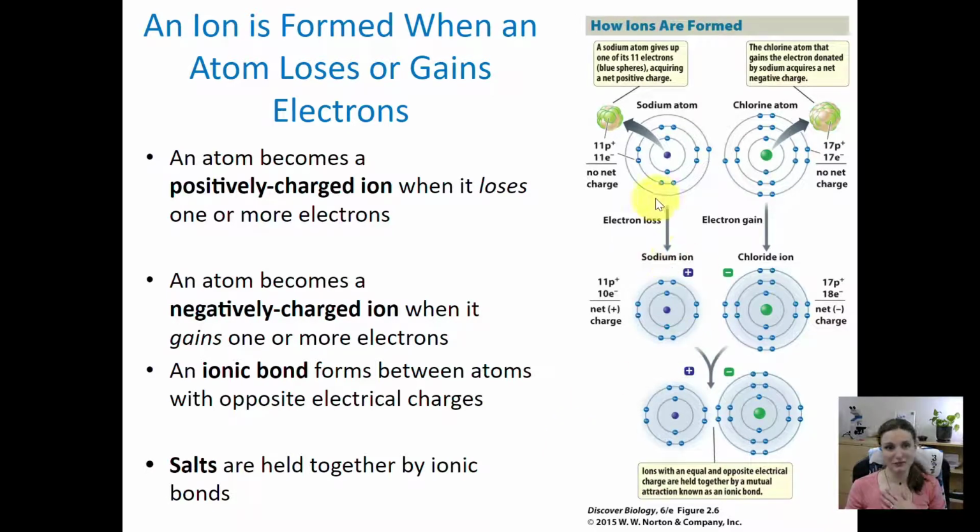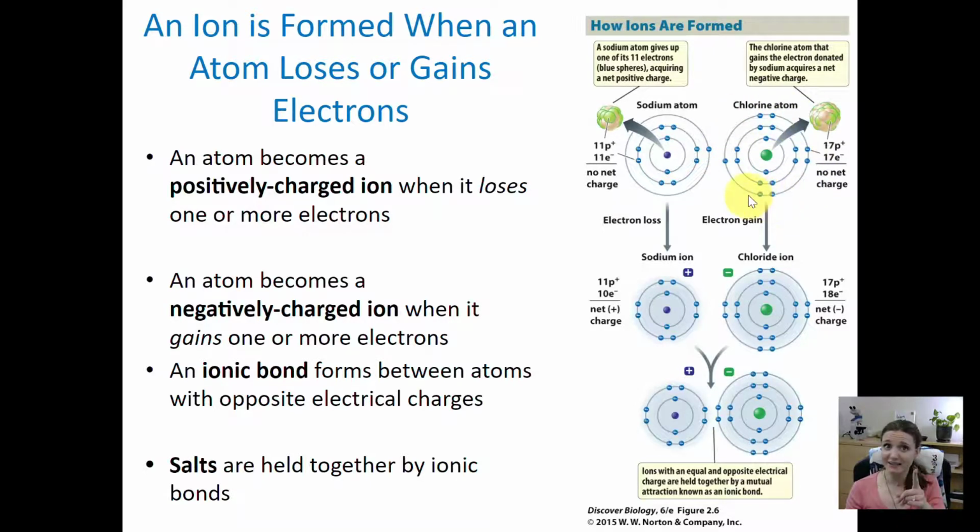So this is how salt is formed. Sodium has only 1 electron in its outermost shell, the third shell, okay? It wants 8, so it needs 7 other electrons to fill up that outermost shell, right? Chlorine, on the other hand, has 7 electrons in its outermost shell.